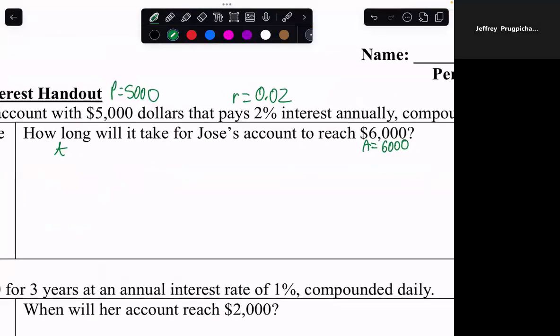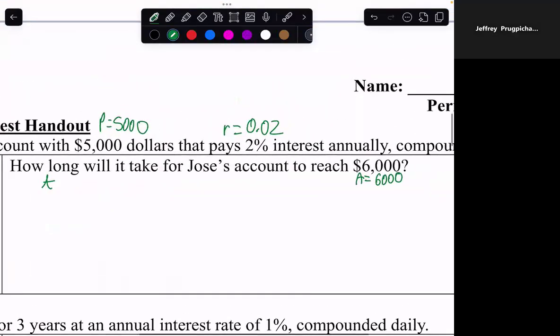This time t is the unknown. So we know A equals P times (1 plus r over n) to the power of n times t.